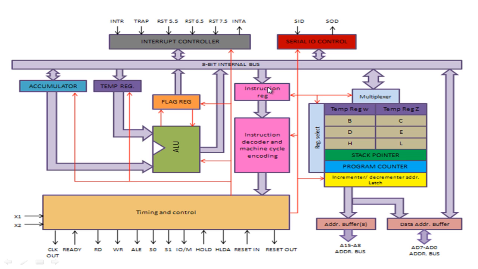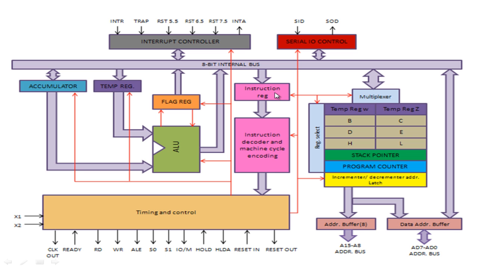The instruction register will keep this instruction for some time, and then the instruction decoder will understand and decode this instruction and send it to the timing and control unit. What is the meaning of the instruction register?